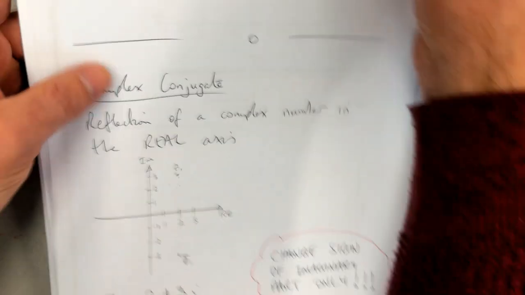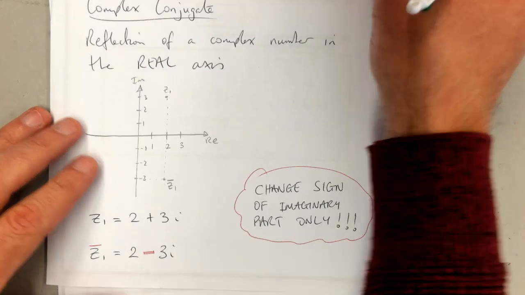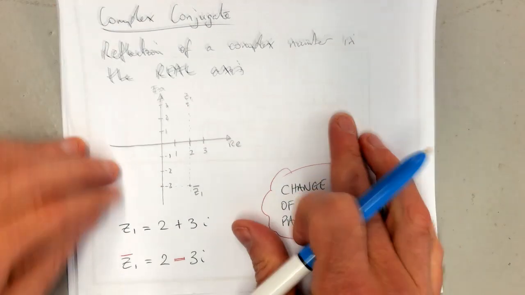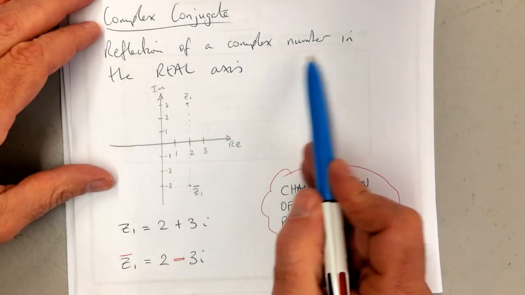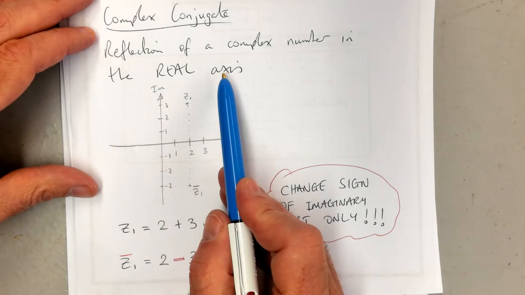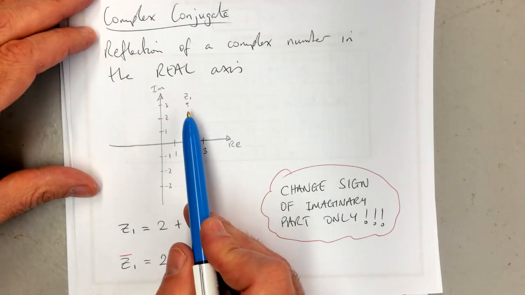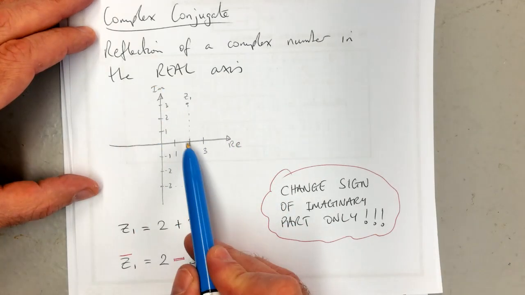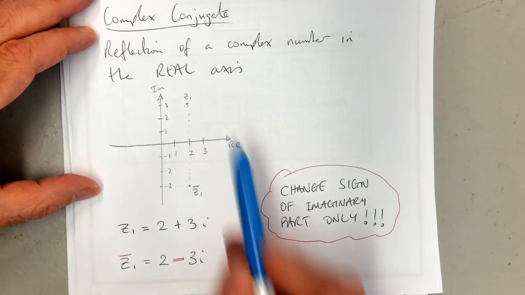Now a little note about that in the background here. The complex conjugate, if you're ever asked it in the exam, is the reflection of a complex number in the real axis. I've demonstrated it here with a random example.